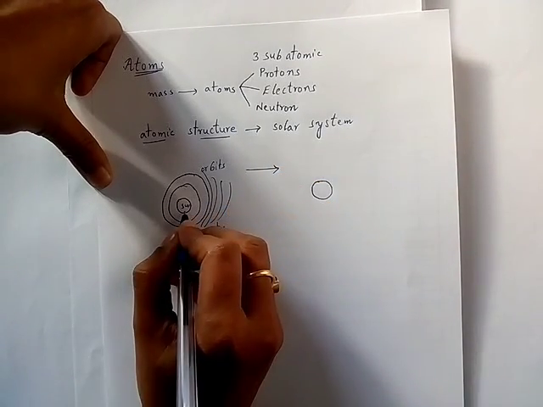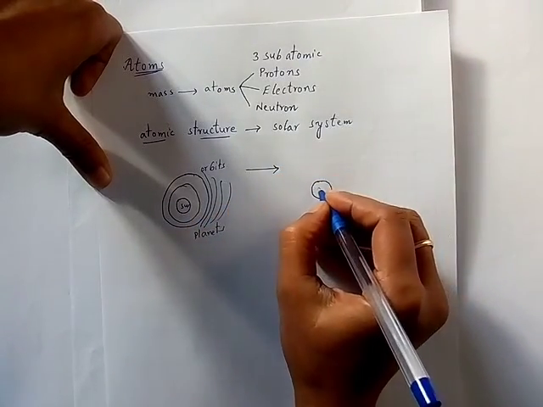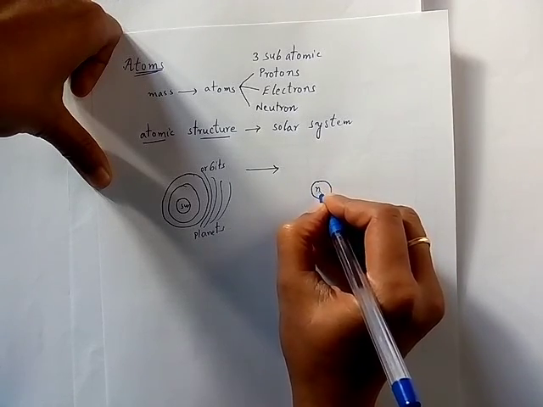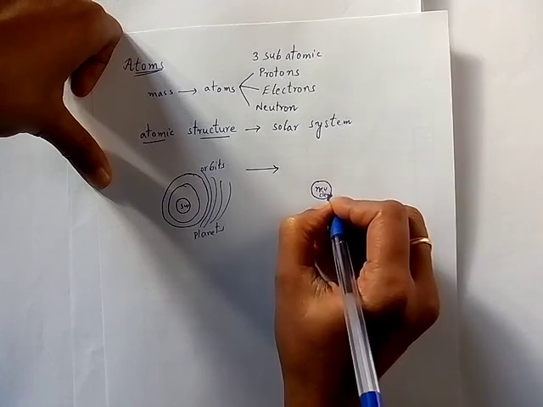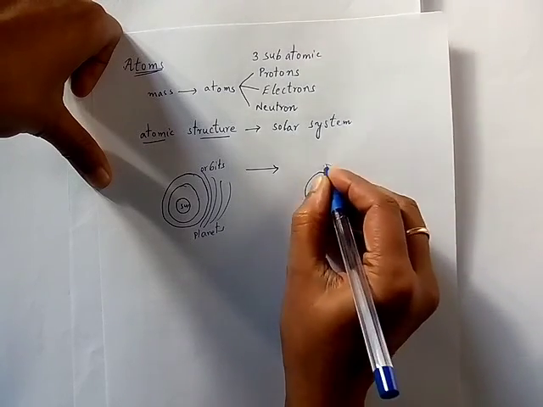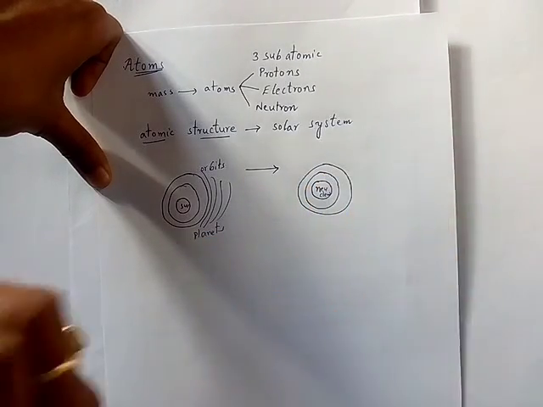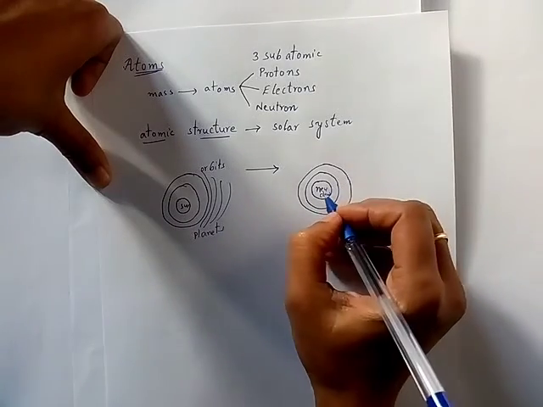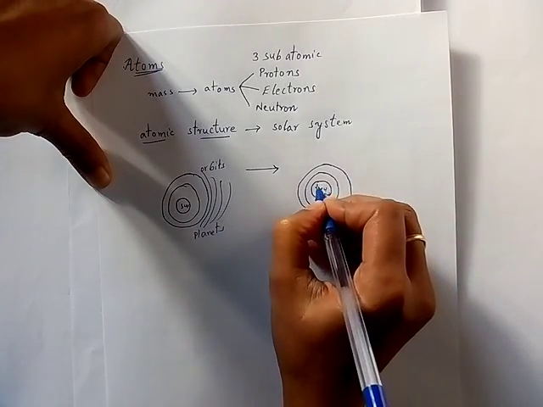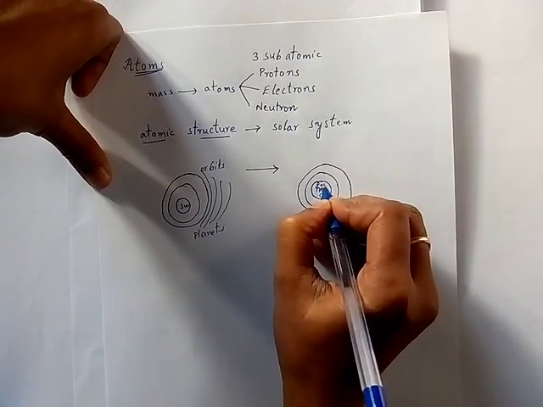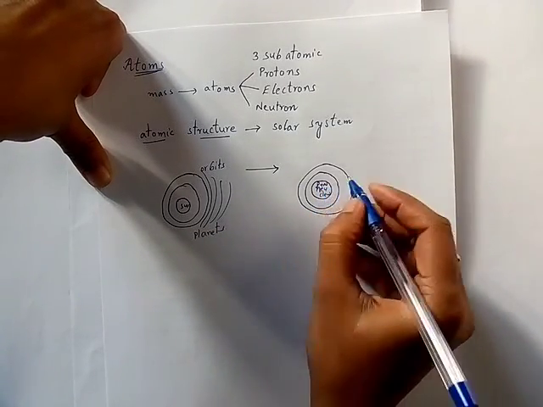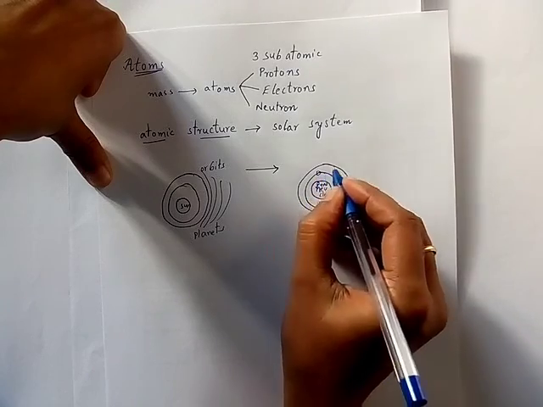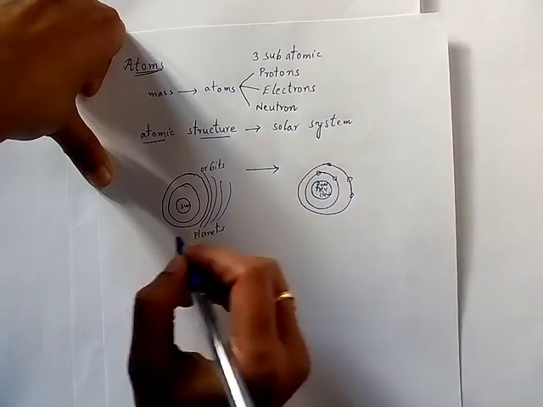Just as you have the sun in the center, here you have the nucleus in the center, and around this nucleus you have orbits. The nucleus is made up of protons and neutrons, and around it you have electrons revolving in the orbits.